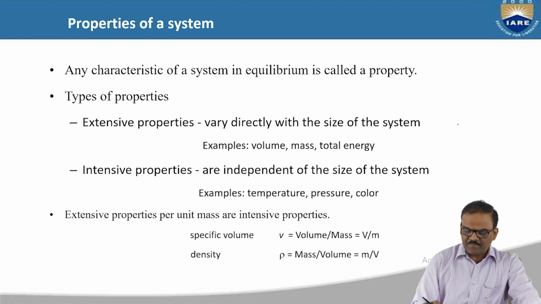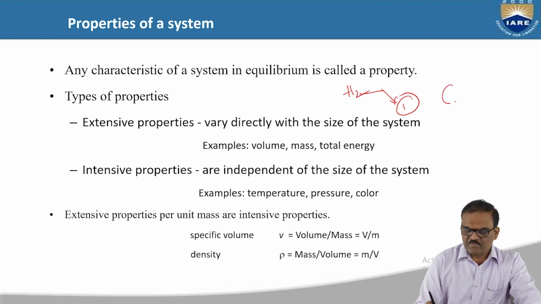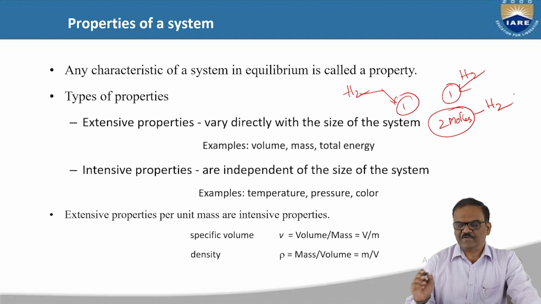When you say here, I can explain to you, there is 1 mole of H2 hydrogen, 1 mole. There is 1 more mole of hydrogen. When you put together, if you add them, then it becomes 2 moles of hydrogen.